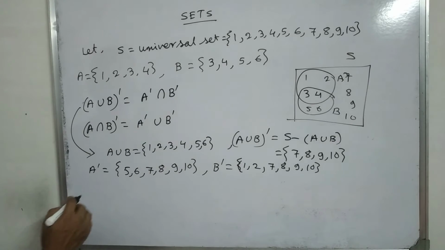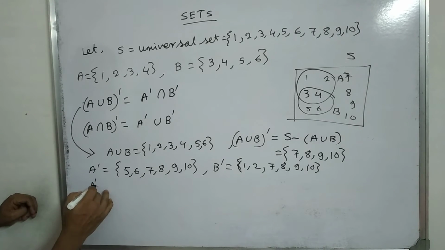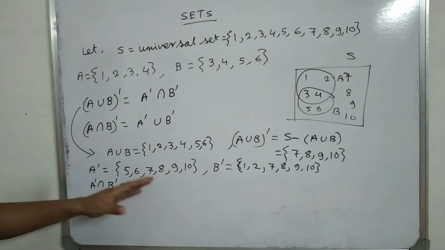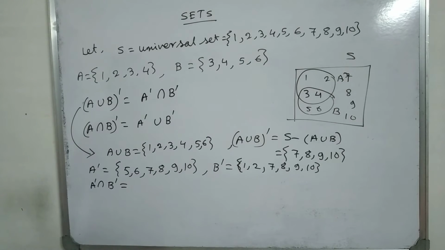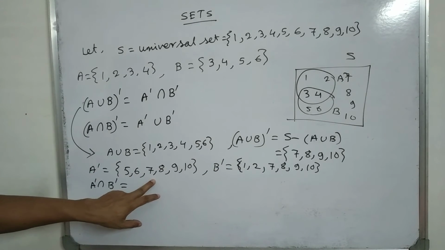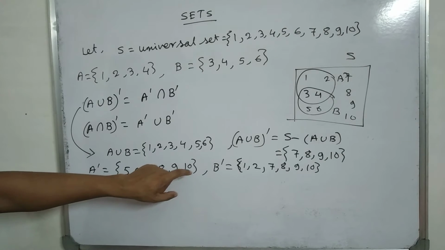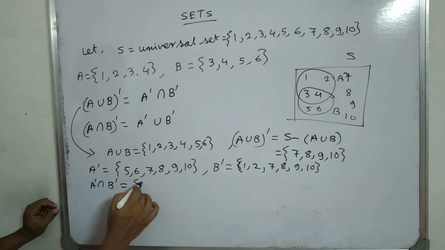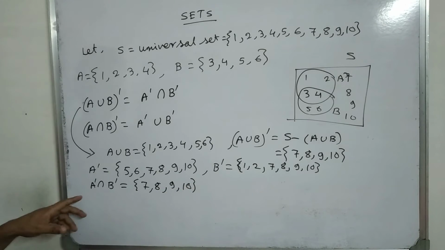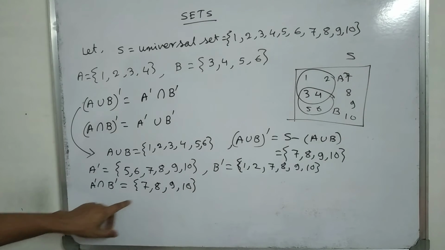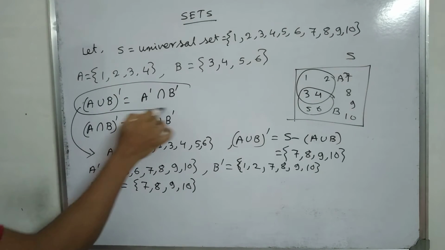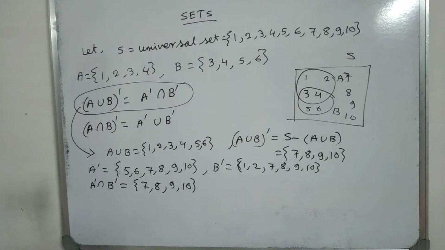So A complement intersection B complement is equal to the common elements of A complement and B complement. Common elements of A complement and B complement are 7, 8, 9, 10. Now see that A complement intersection B complement is equal to A union B whole complement. So we verify the first law of De Morgan's law.